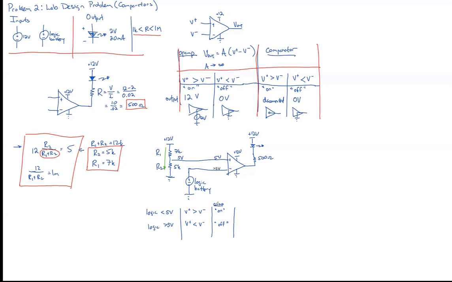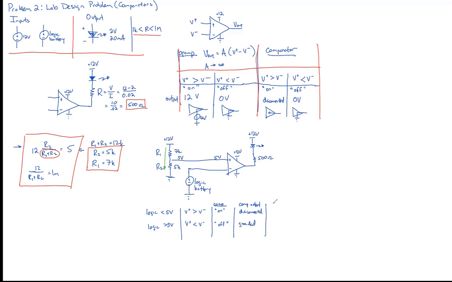Now, what the comparator is thinking of as on or off is not necessarily what's turning the LED on or off. It's just telling you if it's in this disconnected version or this 0 volts version. The comparator output, when it's on, is disconnected. And when it's off, it's grounded.